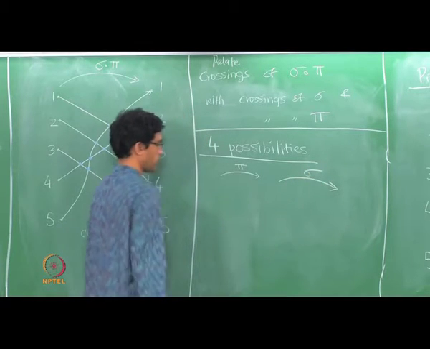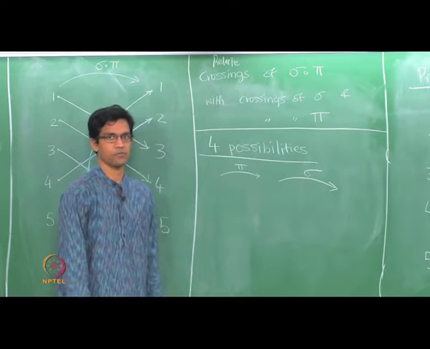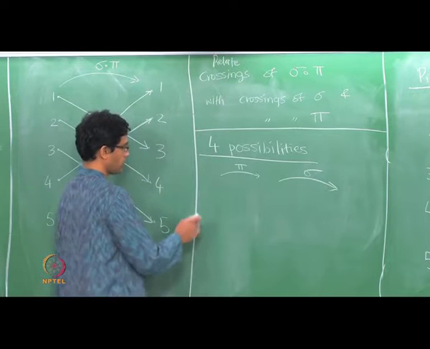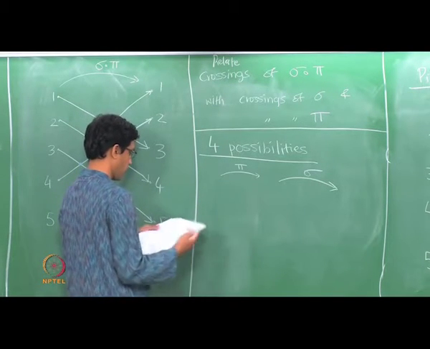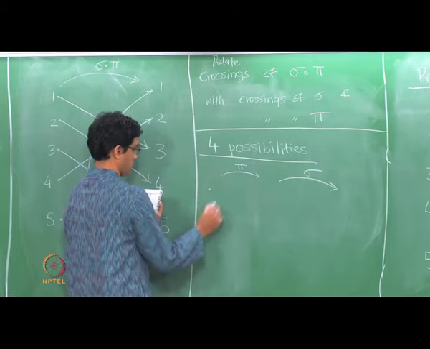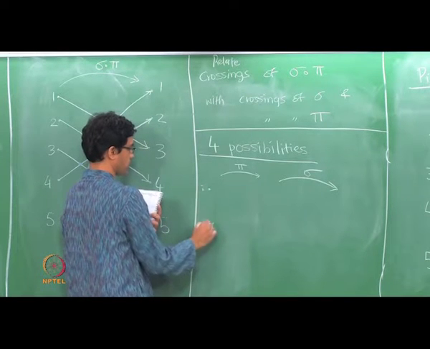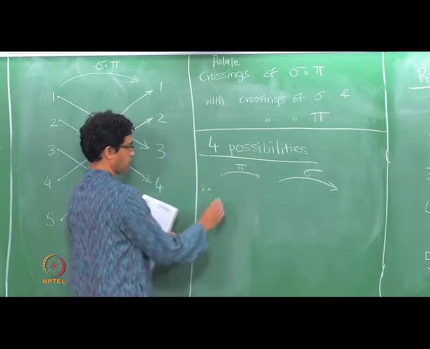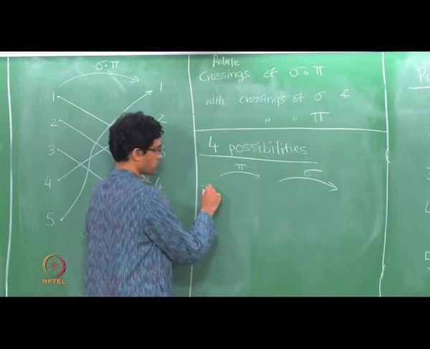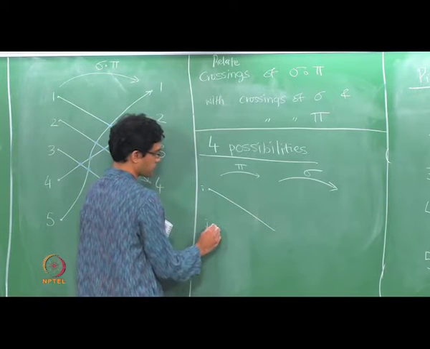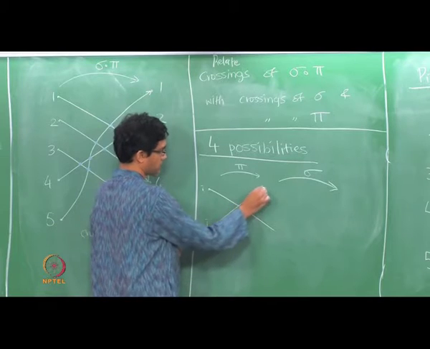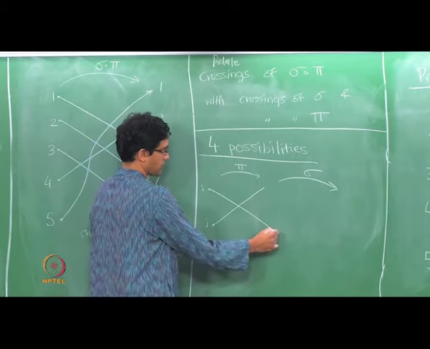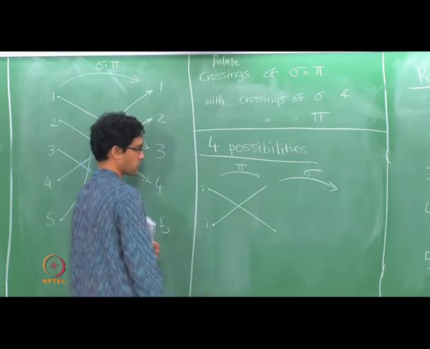So this is what is happening when I take the composition of these 2 permutations. Now here is what could happen. I could have say 2 numbers i and j here, which under pi give me a crossing. So pi of i maybe maps to something large, j maps to something small. So therefore these 2 lines cross each other.